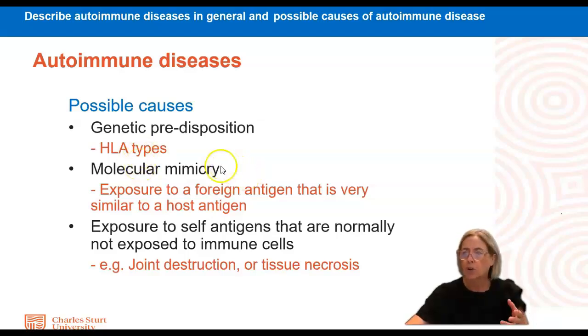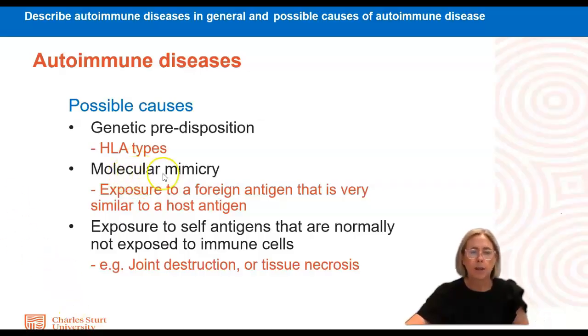So it has been shown that people with certain HLA types are more predisposed to developing an autoimmune disease. Now, just because they have this particular type doesn't mean they will get a particular autoimmune disease, but there is an increased risk if they're also exposed to a particular environmental agent.